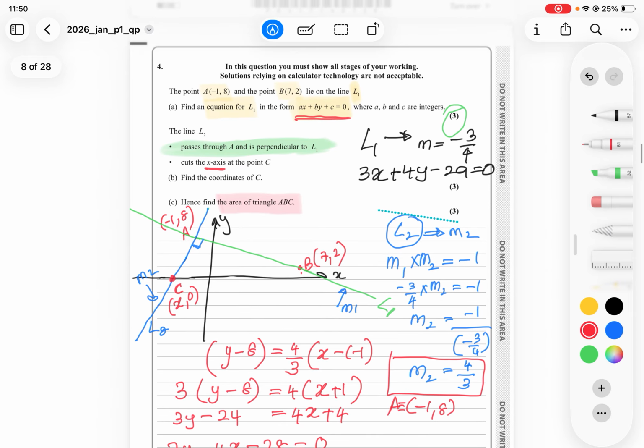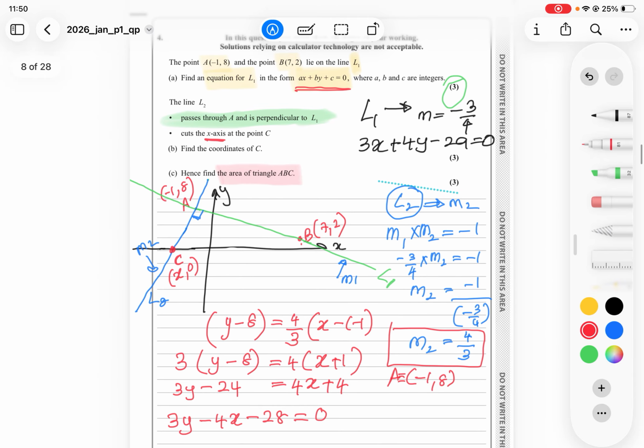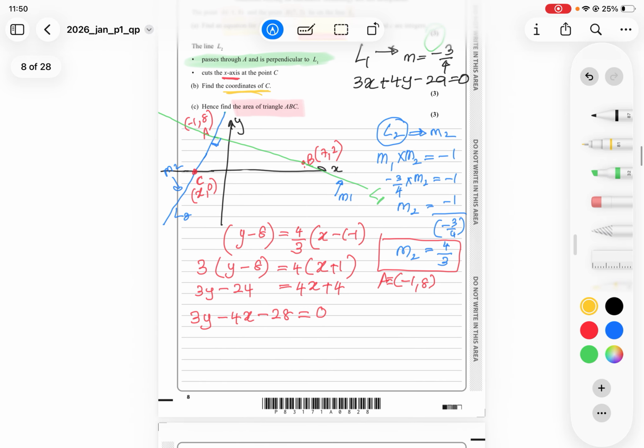This is just for our extra knowledge, but they are just asking us for the coordinate of C. To get the coordinate of C, now we have the equation of the line as well.